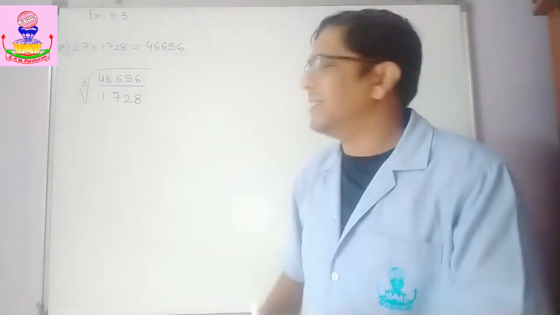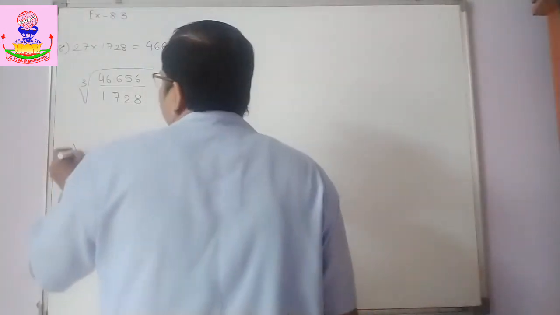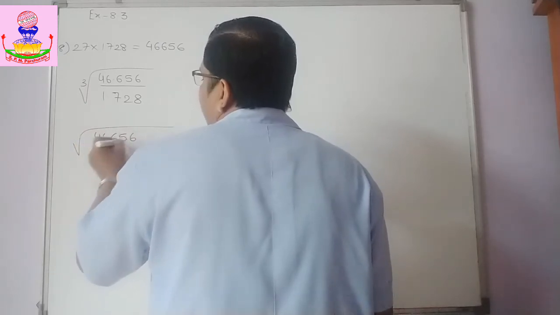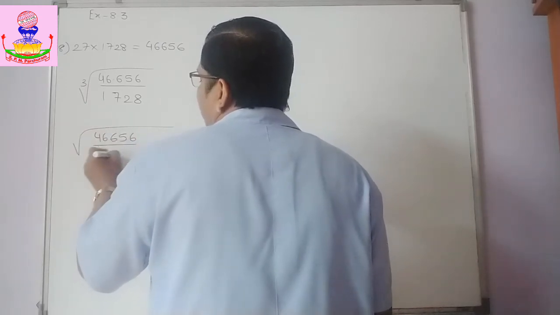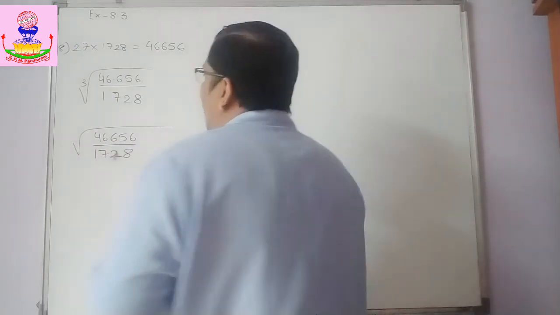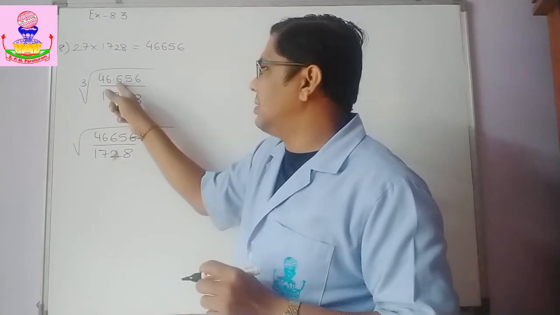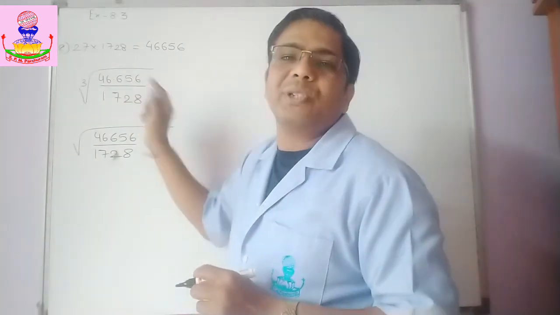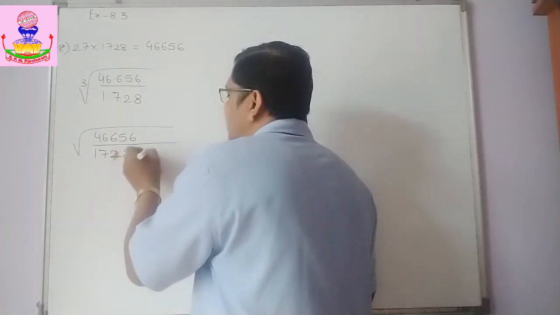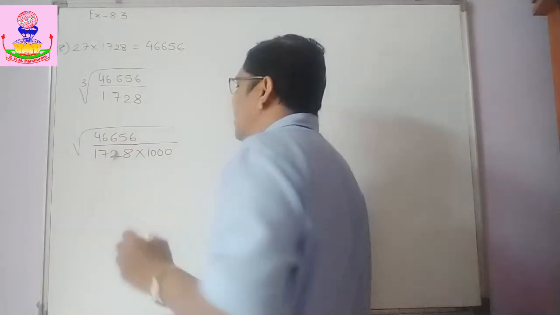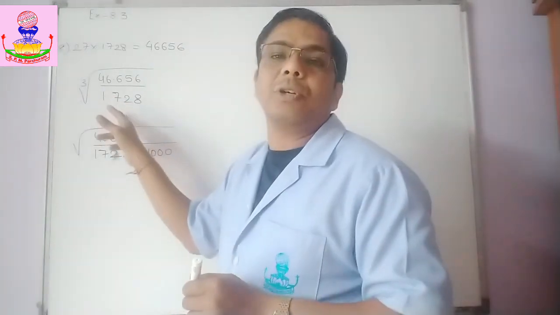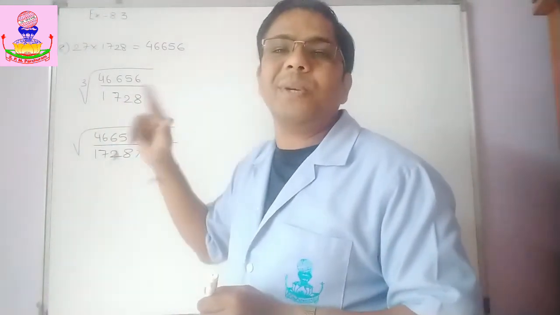Simple thing. Remove the decimal points. See, it becomes easy. So now what I can do? 46,656 upon 1,728. Now here, after the decimal point, 3 digits: 1, 2, 3. So in the denominator, how many zeros? 3 zeros. That is 1000. And here, after the decimal point, 3 digits: 1, 2, 3.